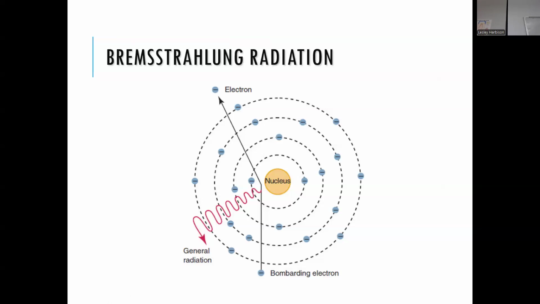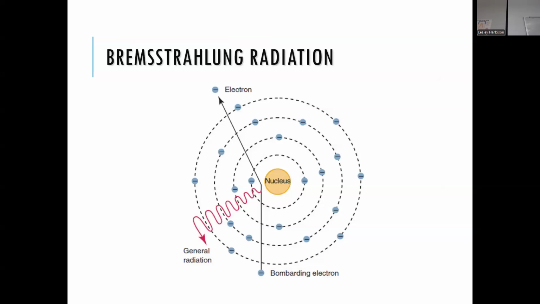For one reason or another, instead of crashing into the nucleus, it makes a sudden turn. That act of making a sudden turn releases energy, and it releases an X-ray photon. There's probably much more that could be said about it, but we're going to leave it there.